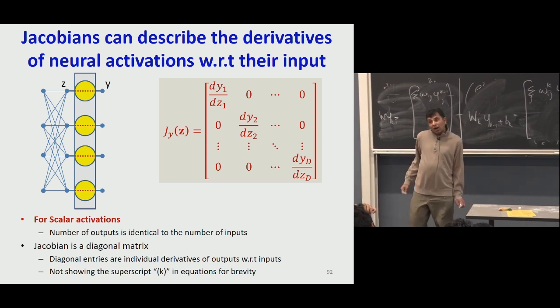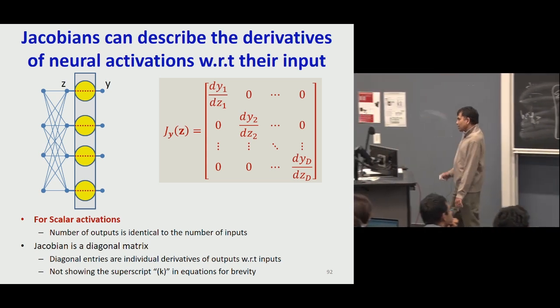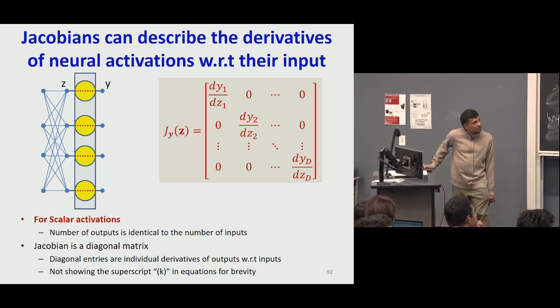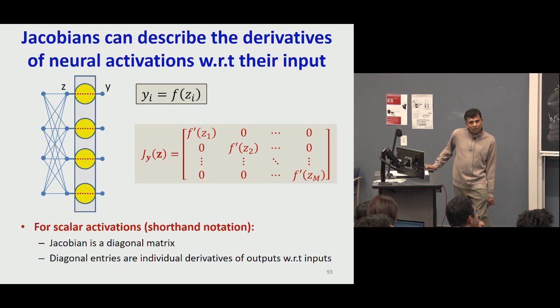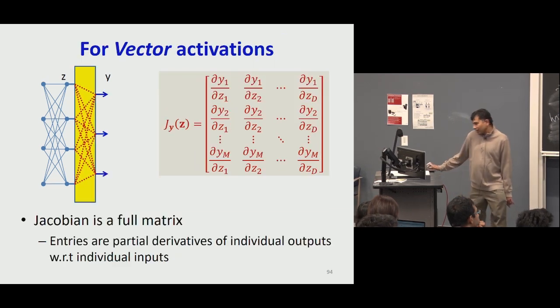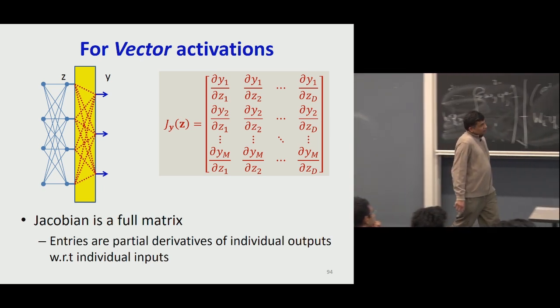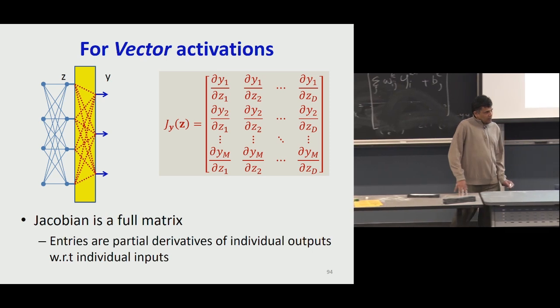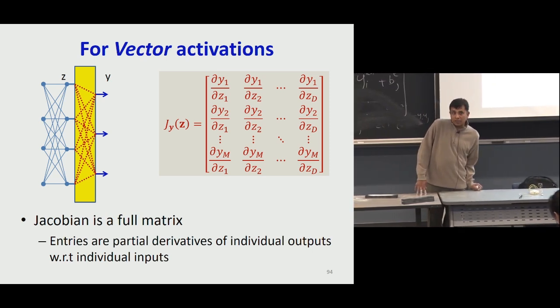If the activation is a vector activation, this is dy over dz, which is going to be the derivatives of the individual activations, right? If the activations are not scalar, the Jacobian matrix is going to be a full matrix. But as far as we are concerned, we don't really need to distinguish between full matrices and diagonal matrices.